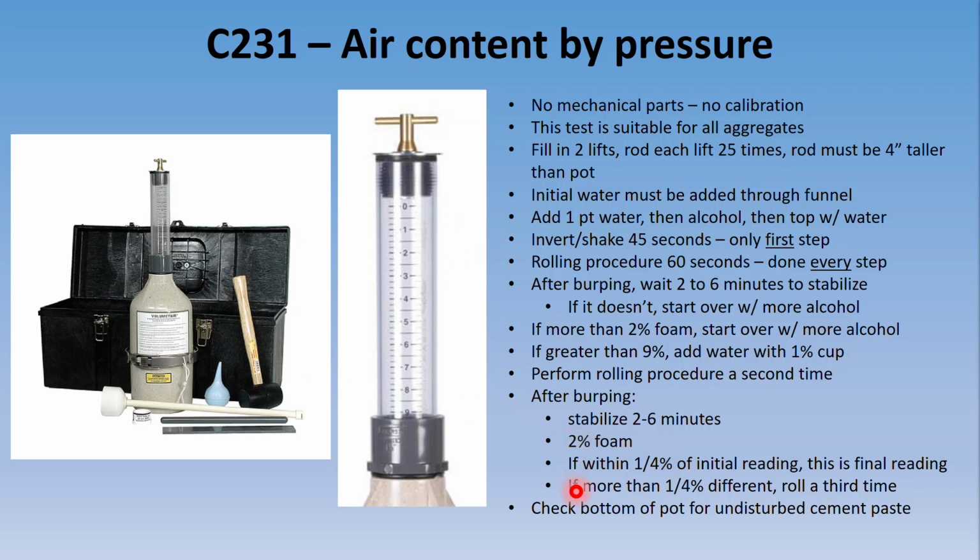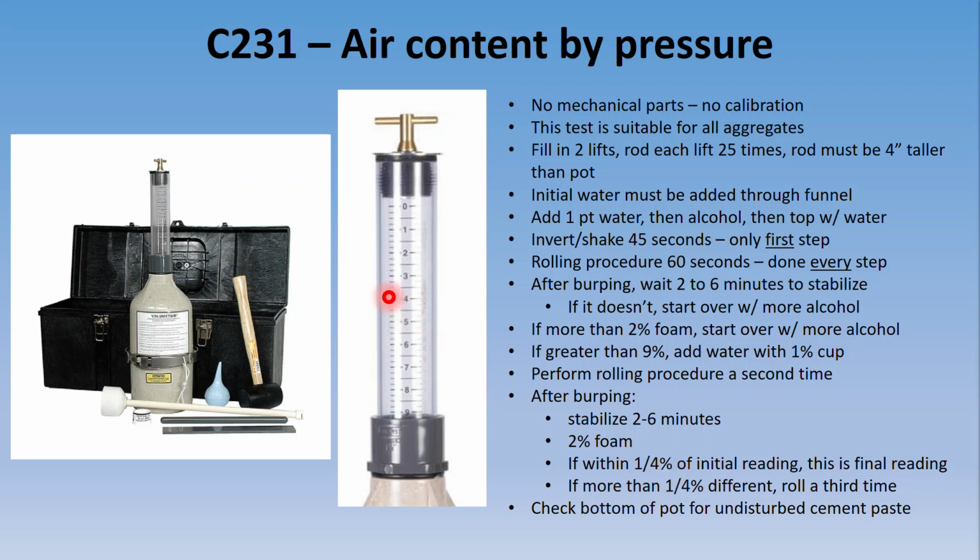And now if that third reading is more than 1/4% different from your second reading, you have an invalid test, you start over, and you add more alcohol. But if those subsequent readings are within 1/4% of your prior reading, you have a valid test.